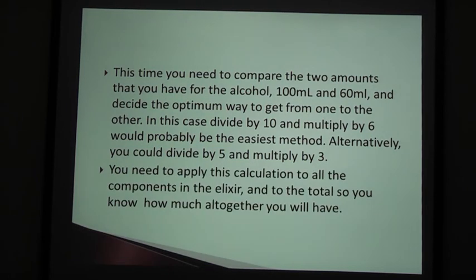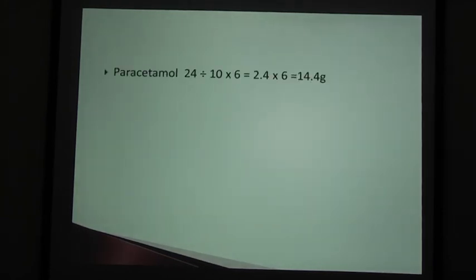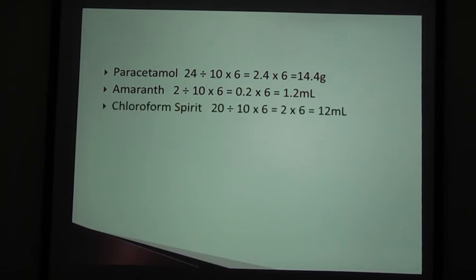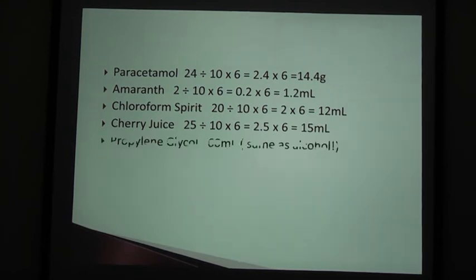So if we followed that and applied it to all the components of the elixir, you will know how much altogether you have. So let's do that. 24 divided by 10 multiplied by 6. 2 divided by 10 multiplied by 6. 20 divided by 10 multiplied by 6. 25 divided by 10 multiplied by 6.